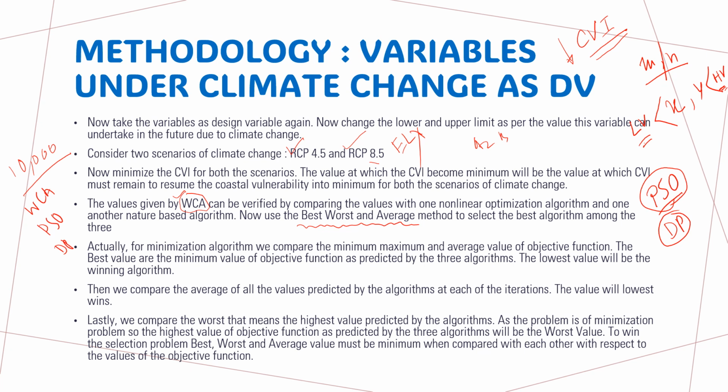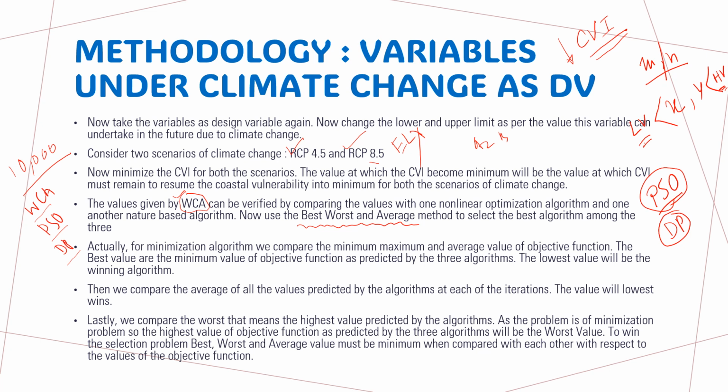So we compare the lowest value as predicted by the three algorithms with each other. Then the worst value, that is the maximum value as predicted by the three algorithms with one another. And also the average of all the values that were predicted in the 10,000 iterations. So 10,000 iterations means 10,000 objective functions are predicted. You average it and then compare the best as received from WCA, PSO and DP, dynamic programming.